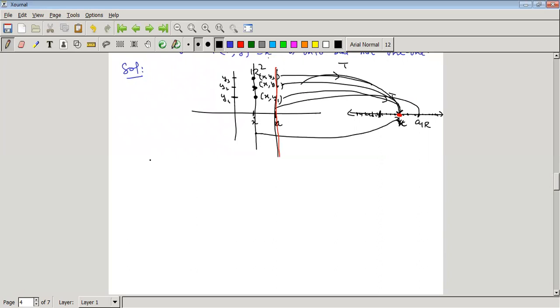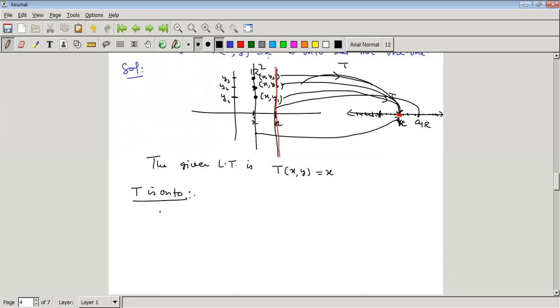So the given linear transformation is T of (x, y) is equal to x. T is a mapping from R2 to R. So T of (x, y) equals x. This is defined. So first, T is onto. We prove that T is onto.